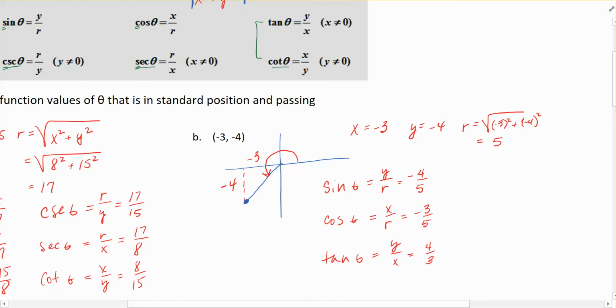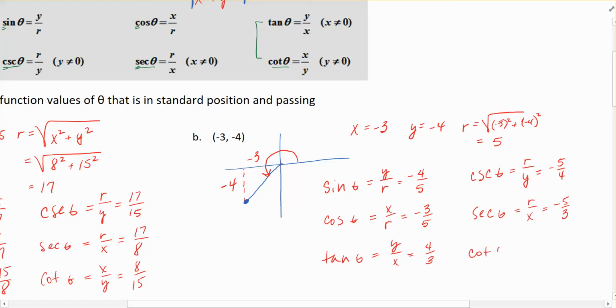Now let's come back in and do cosecant. Cosecant is the reciprocal of sine, so it would be r over y, or -5/4. Secant of theta is defined as r over x, or -5/3.